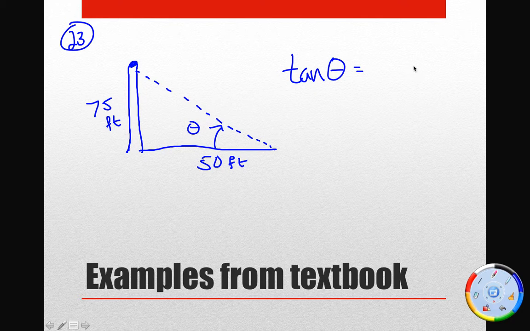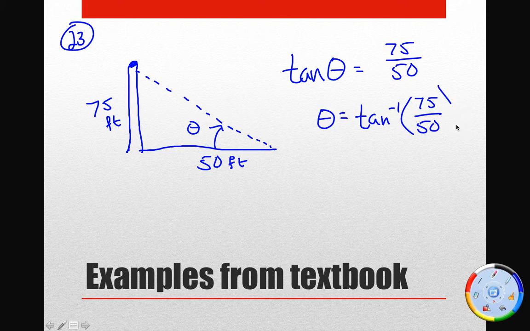This tells me that tangent of theta is equal to 75 over 50. And you can simplify that if you want, but it's not necessary. But I need to know what theta is. Well, that last section tells me I can find theta by doing the tangent inverse, or the arctan, of 75 over 50. I plug that into my calculator.